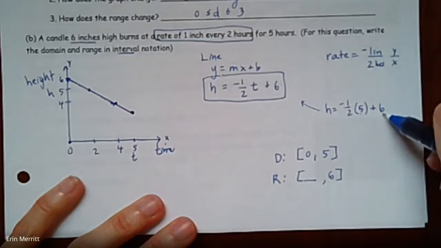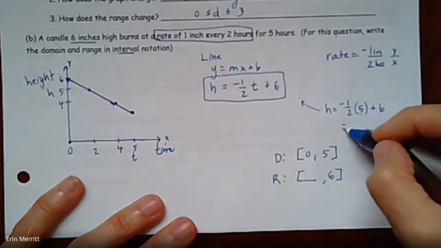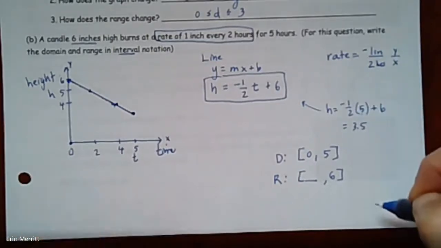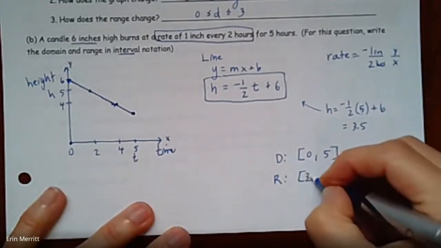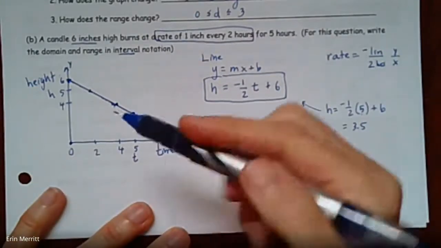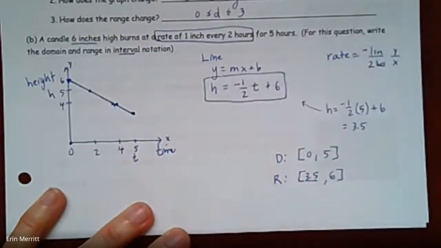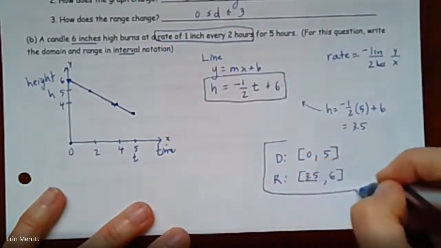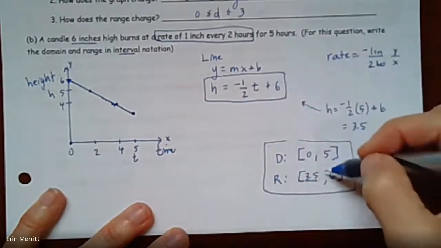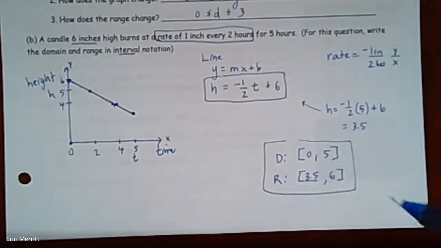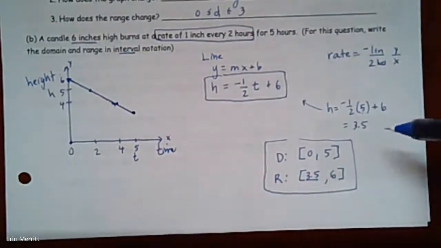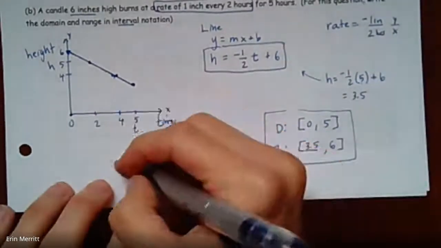And then add that to 6. So 6 minus 2.5, that's going to drop you down to 3.5. So that would be the range of values. So domain left to right, range bottom to top. Okay. So we've got our equation here, our domain and range there. So keep in mind, if it's decreasing, then the slope is negative.